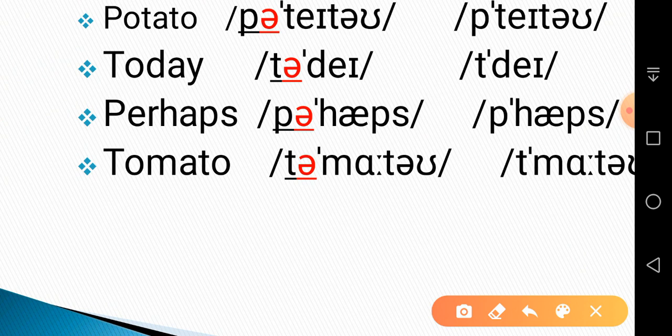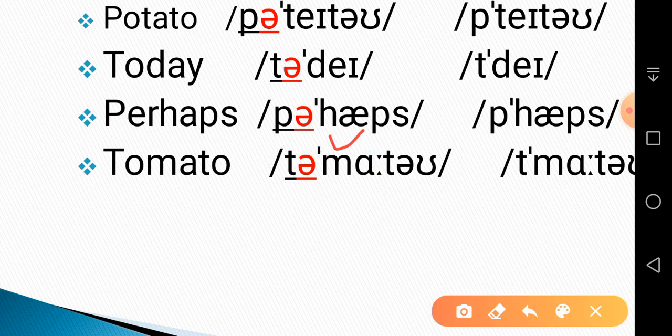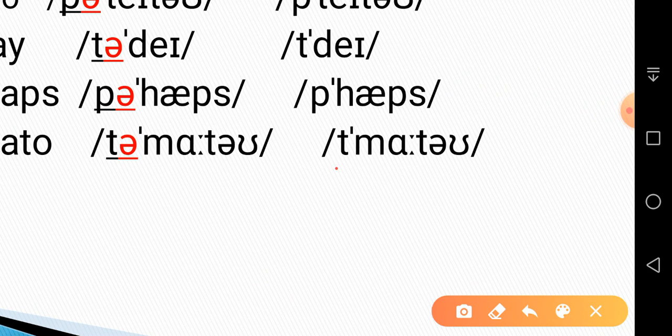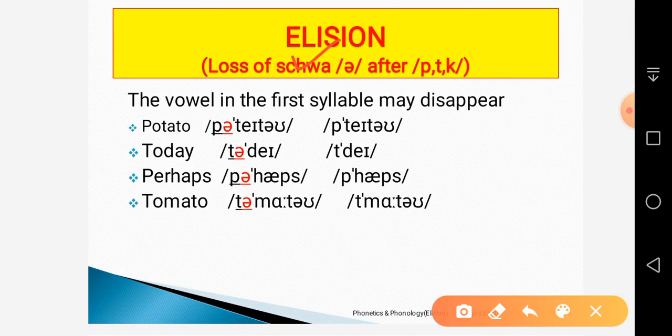Okay, here is another word, pronounced as tomato. There are three syllables. You can see here. So syllable number 2 is stressed. Okay, but we are going to drop it. See now, tomato. Okay, so loss of schwa after p, t and k.